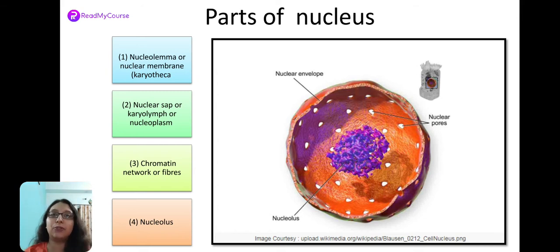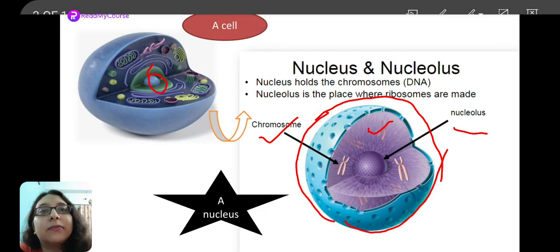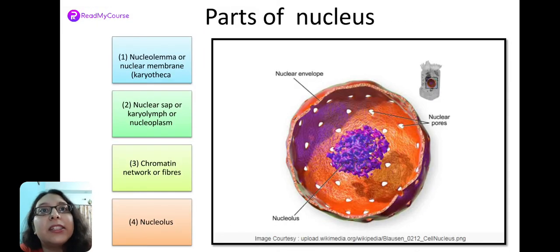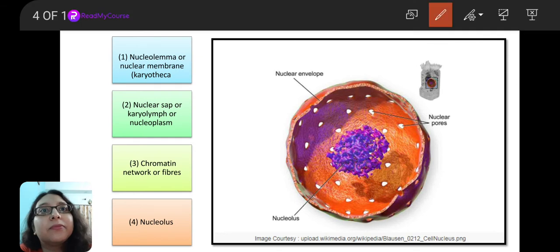Coming directly to the parts of a nucleus: usually, a nucleus has 4 components. What are they? First is the nuclear membrane, that is the outer covering of the nucleus. Next, we have the nucleoplasm, just like the cytoplasm. Then we have the chromatin fibers or chromosomes.